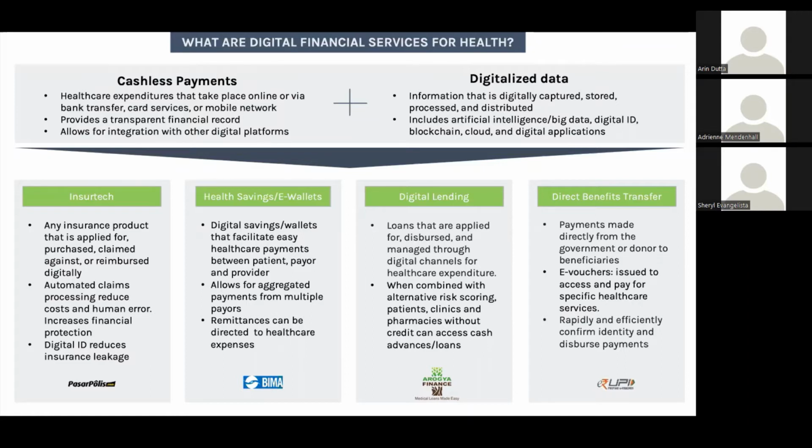As governments were rolling out these benefit systems, they needed a way to do so. Governments that had digital direct benefits transfer in place were much better placed to ensure that money was dispersed quickly and people could avail of the funds right away.